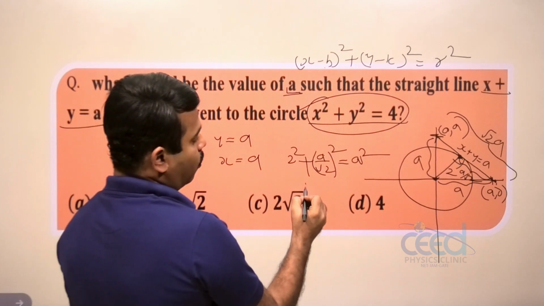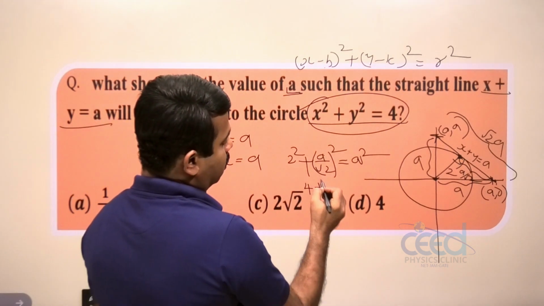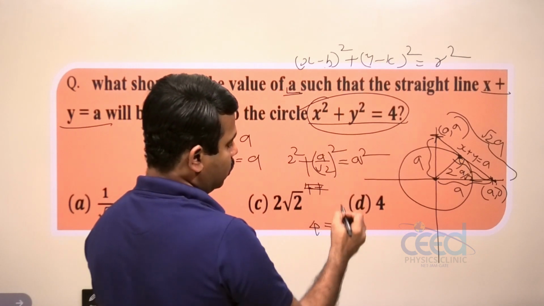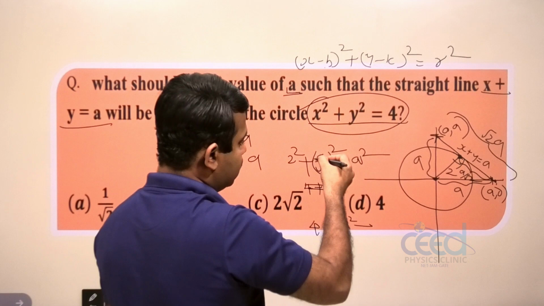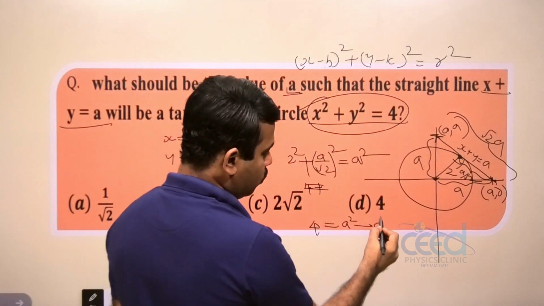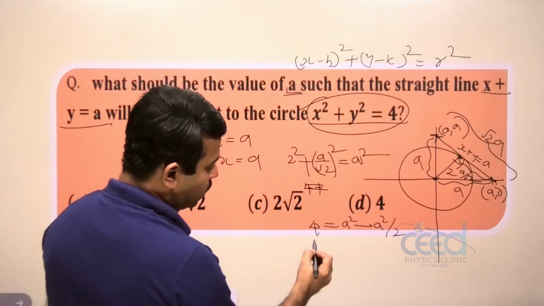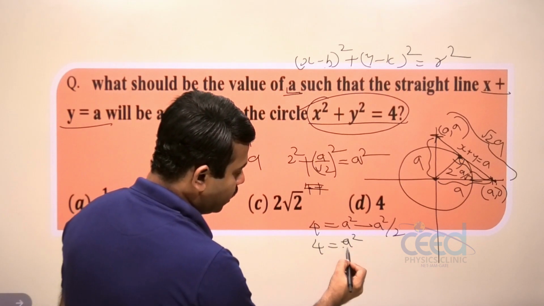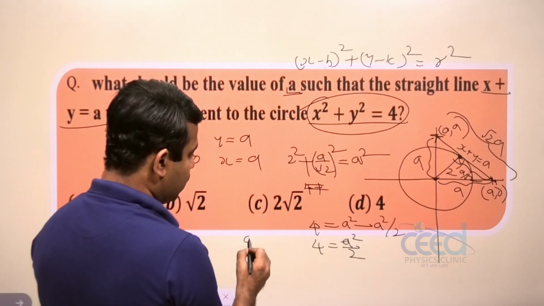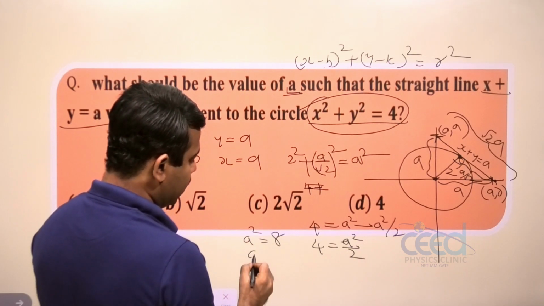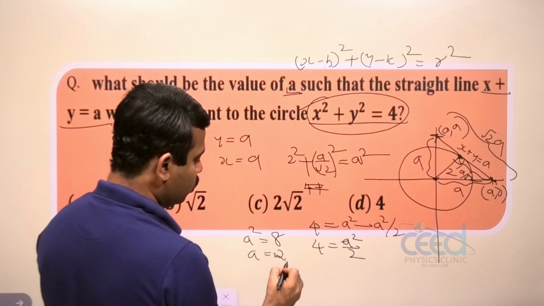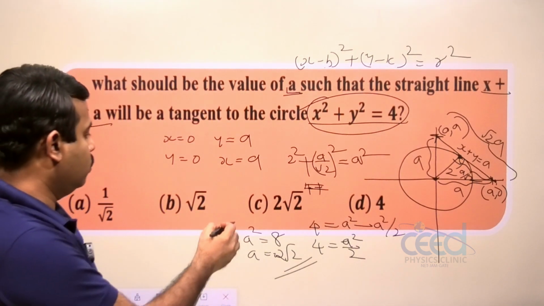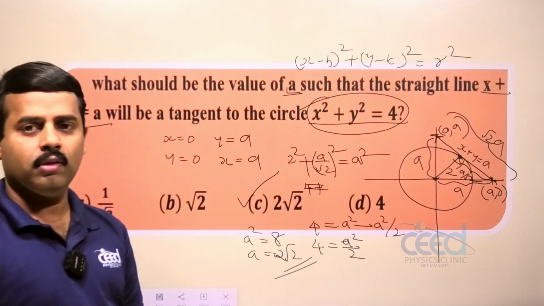That means 4 plus a square by 2 is equal to a square, so 4 is equal to a square minus a square by 2. Again, that is a square by 2, which means a square is equal to 8, then a is equal to 2 root 2. So option C is correct.